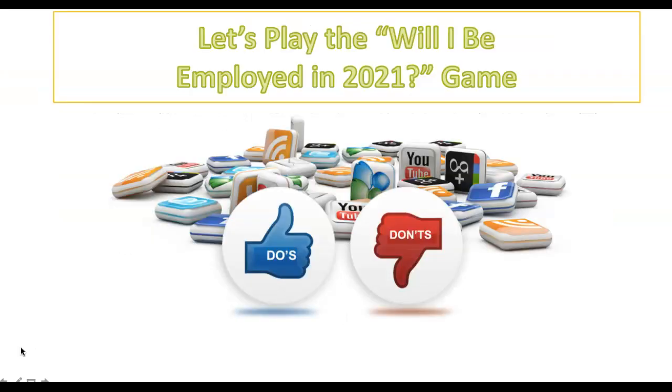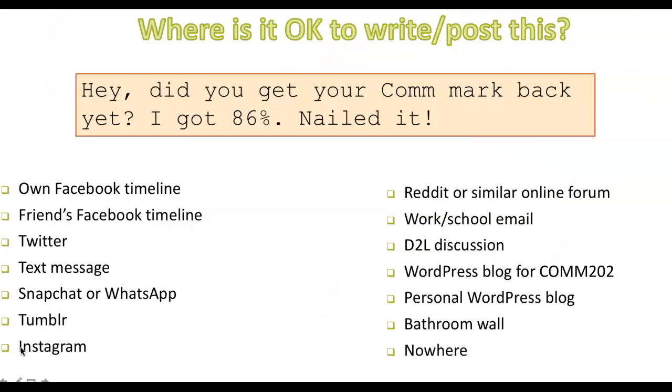So let's play a little game. We're going to show you some examples of online communication and ask you to reflect on where it would be acceptable to post each. Are you ready? What do you think? Is there anywhere you wouldn't post this? Probably not, unless you're worried about other students seeing you brag about your mark.